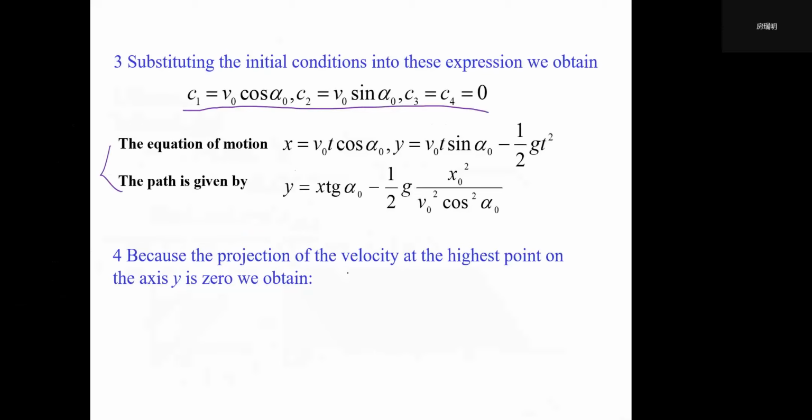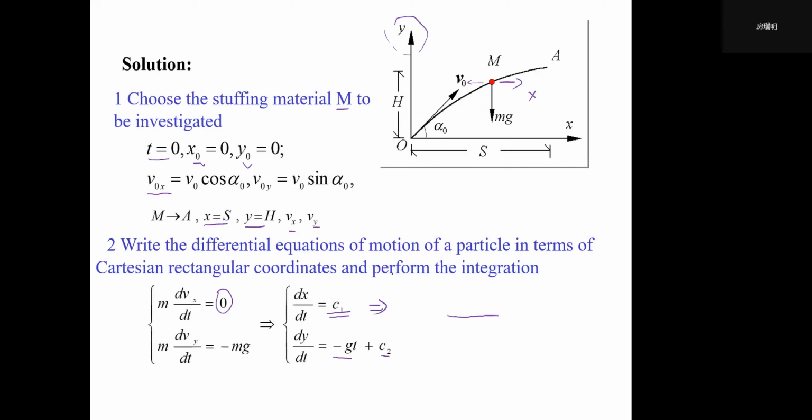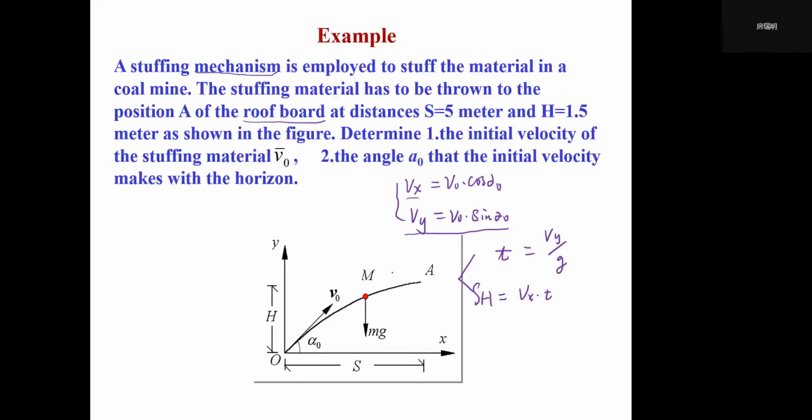Because of the projection of the velocity at the starting point 0, y0, we obtain this dy/dt. Can you see this? Actually, I just wrote this before we showed this page, that's how we write V0 sine alpha.